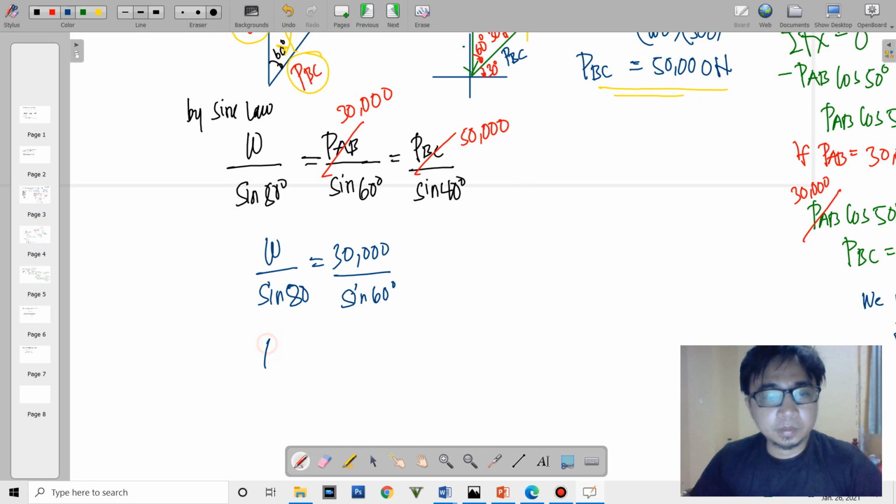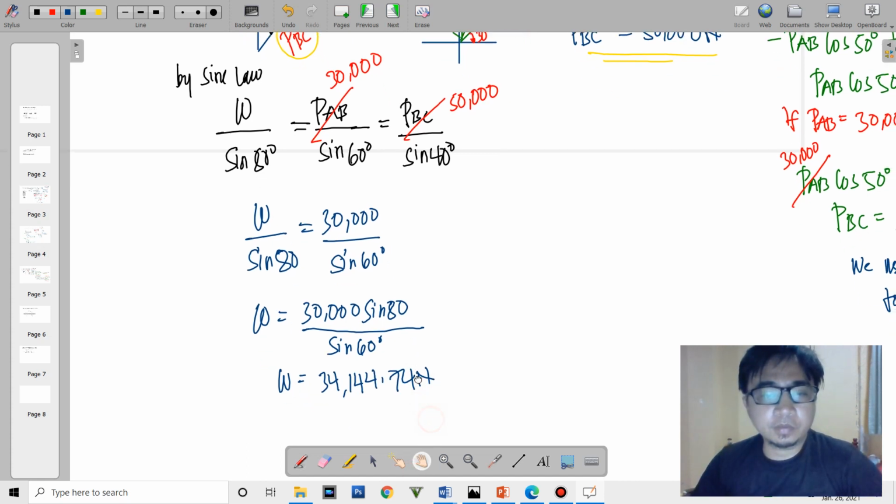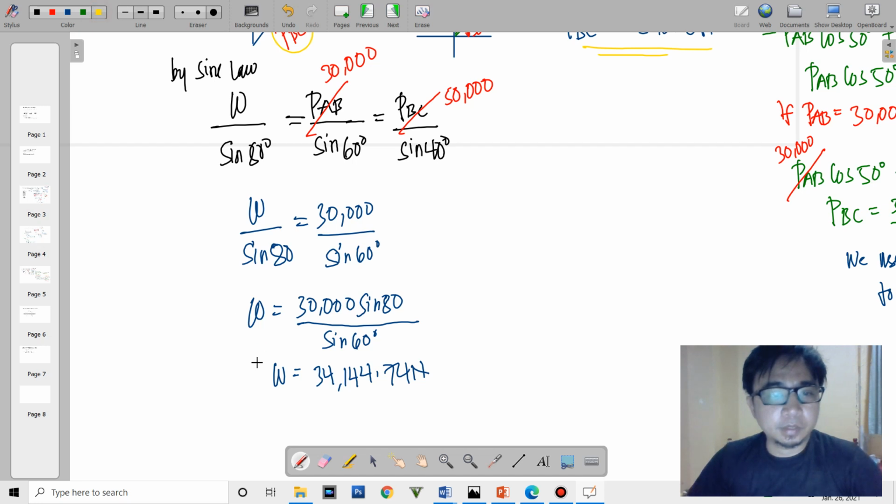Hence, W is 30,000 times sine of 80 all over sine of 60. So we have a value for W equal to 34,144.74 Newton. Assuming that we have no idea whether this is correct or not.